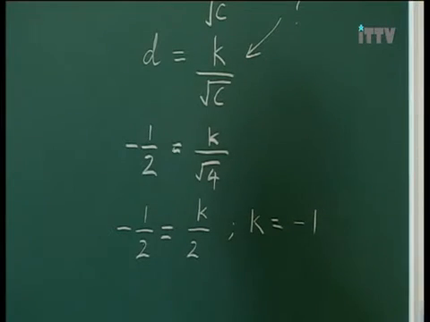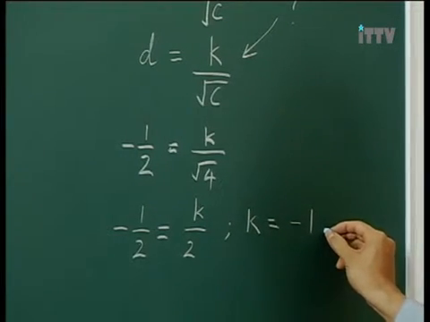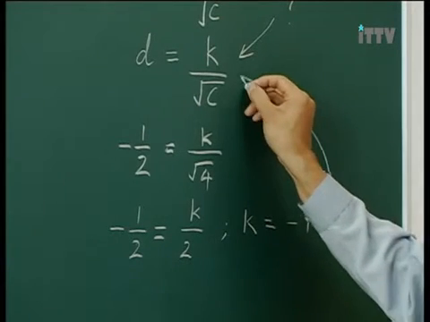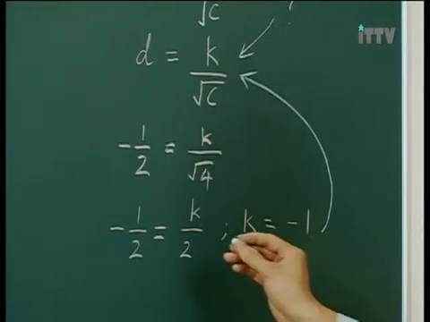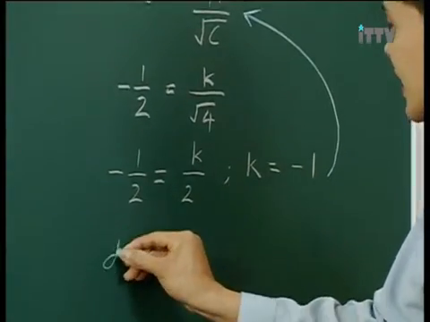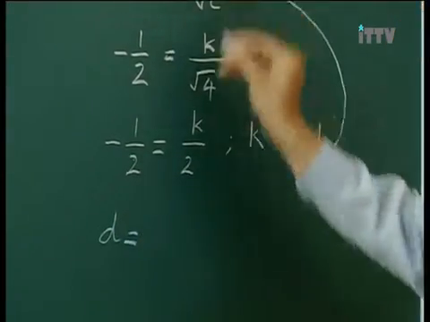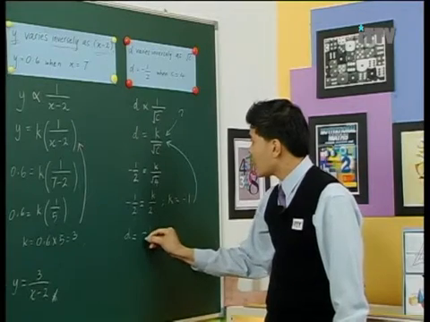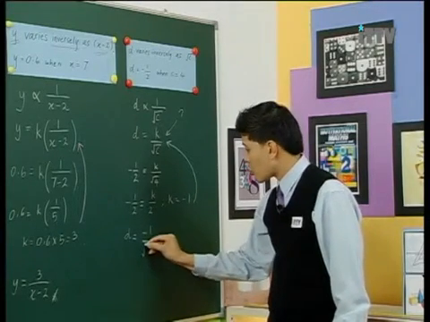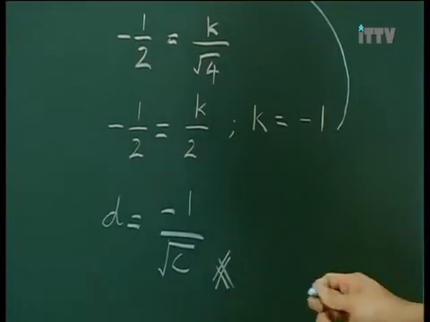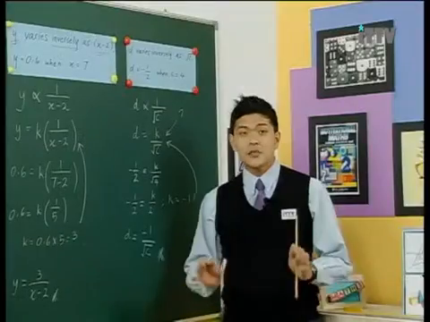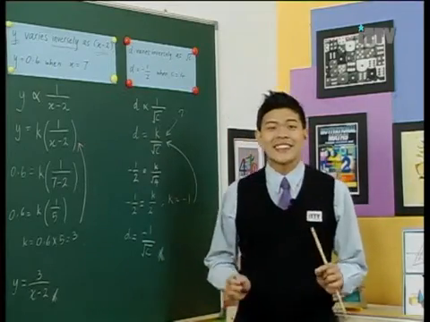And remember guys, what do you do with this value of k? You have to substitute back inside the equation. So now, since k is negative 1, D equals negative 1 over square root c. So your equation is complete when the value of k has been found and put back inside the equation.